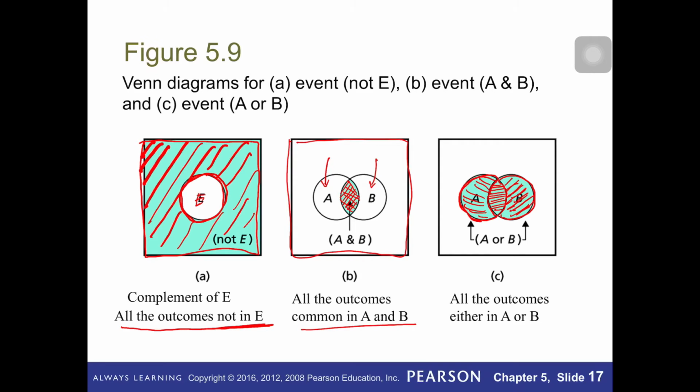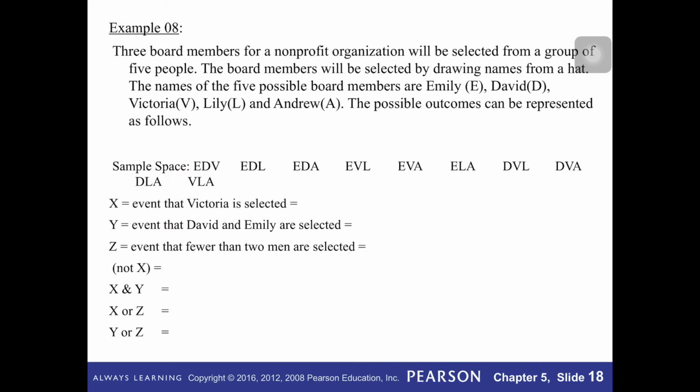So altogether A or B means this huge area, either A or B. So be careful with those words. Okay, let's try this example. I think I can cover those, and, or, and not, by using this example.